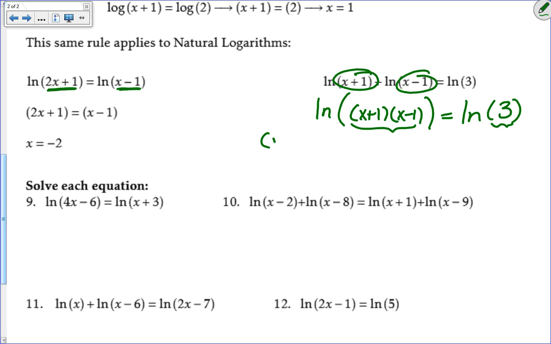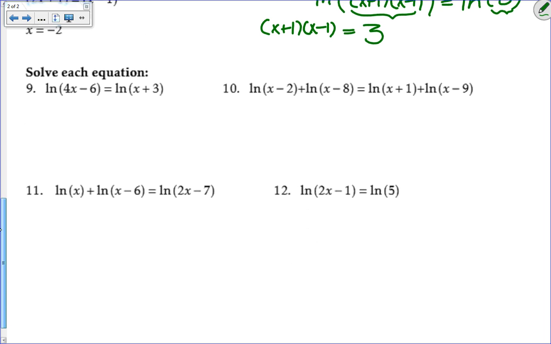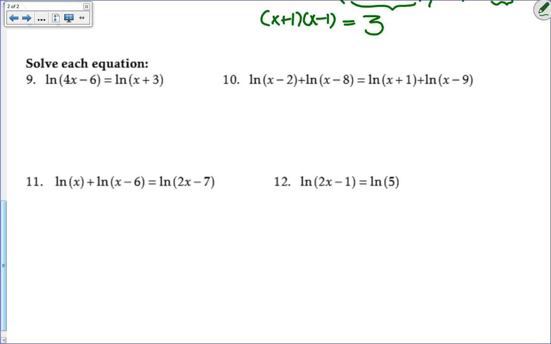So we're going to have x plus 1 times x minus 1, right? That's what's in here. And we're going to set it equal to what's in there. Okay? Everyone's with me? Okay. So now we just got to solve this together, right?